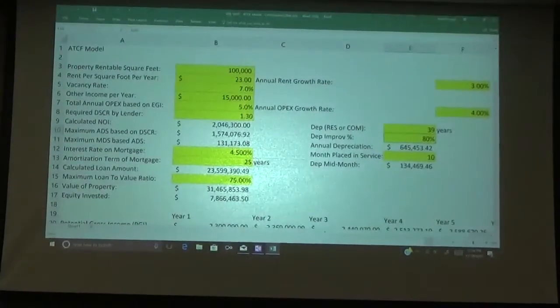All right, so in this case, to see what value we're using, my suspicion is we're using, over here, the overall value of the property. So let's take a look at this. 31,465,853.98.